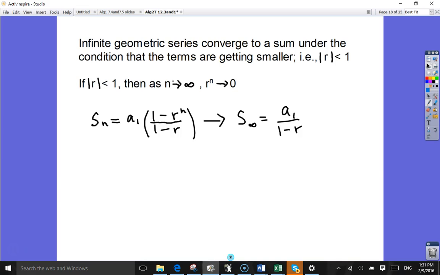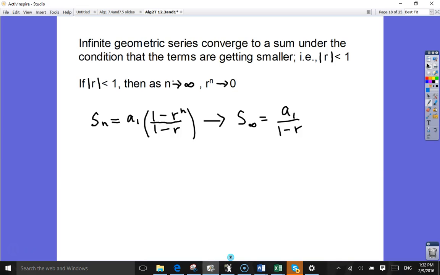So there are conditions when you can add up an infinite number of terms. And for a geometric sequence, the condition is that the r has got to be less than 1. It has to be a fraction less than 1. And that's what this is about here. So we have a formula. It works as long as the absolute value of r is less than 1, which means that it could be that the r is negative.